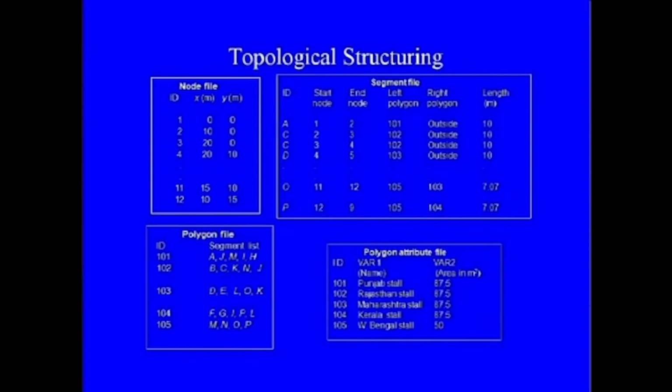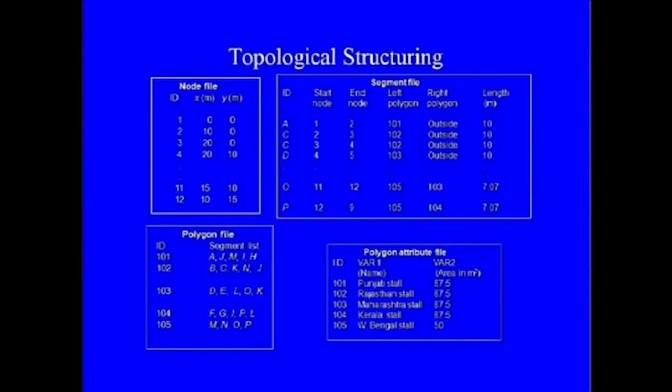So, polygon ID 101, its name attribute is Punjab stall and its area is 87.5 meter square. Similarly, polygon 102 is Rajasthan stall and it occupies again an area of 87.5 meters square. The polygon ID 103 is Maharashtra stall and it has a polygon area of 87.5.